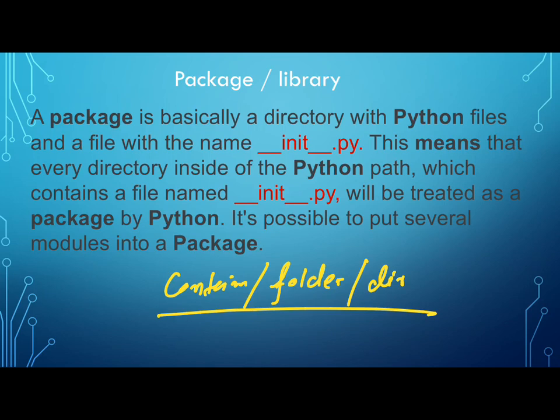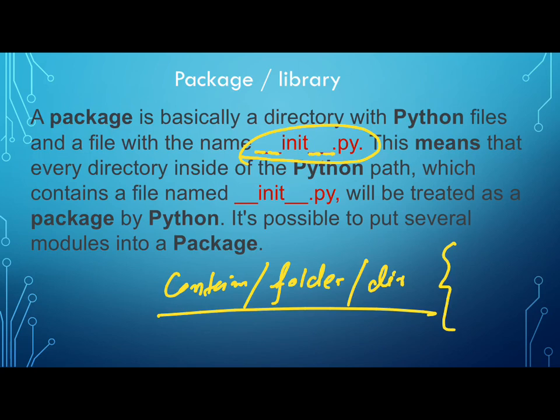But when you are creating a package, you must remember that in that particular folder you have to create one file which will have this name. What is the name? Underscore. These are two underscores actually, because when you type, it will show you one.